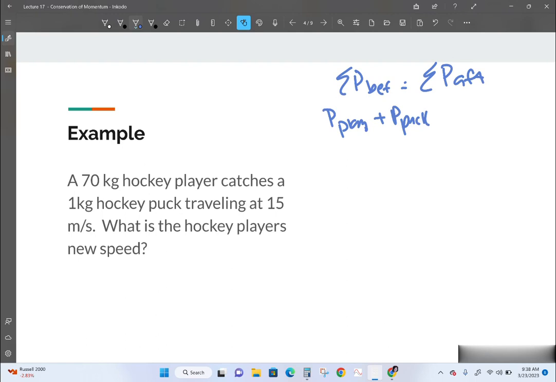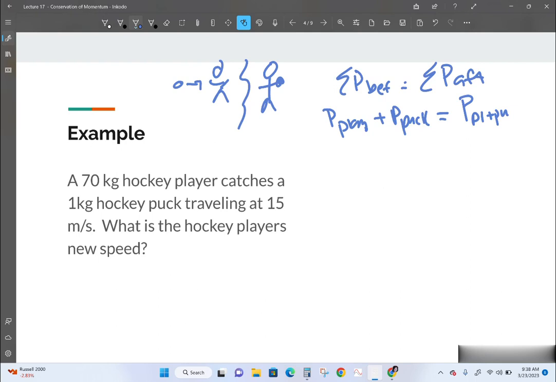So a 70-kilogram player catches a 1-kilogram puck traveling at 15 meters per second. So before, the puck is flying at him and he's right here, right? And afterwards, he now has the puck in his hand. So afterwards, it's going to be the momentum of the player plus the puck.